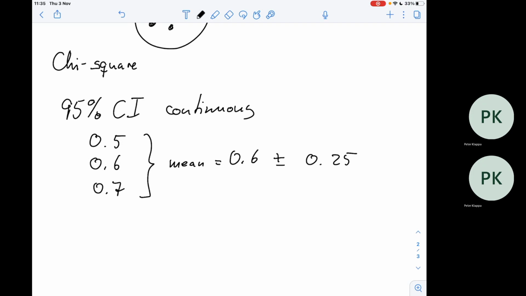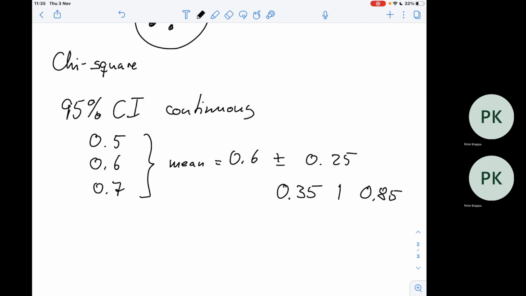So here the confidence interval would go from 0.35 to 0.85. So minus 0.25 to plus 0.25. Have I done it right? Yes. Calculations. Good.